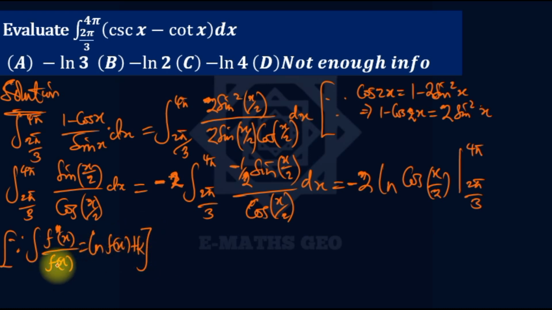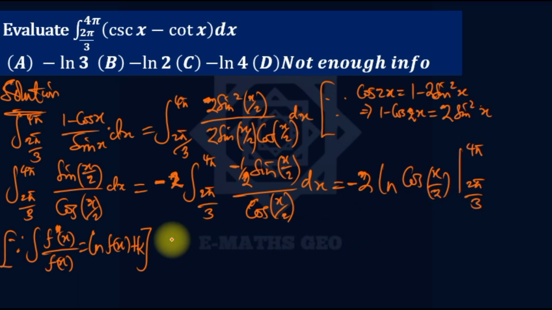If you differentiate the denominator and you get the numerator, the answer is ln of the denominator. That's why we introduce this minus half and counter it with minus 2, because minus 2 times minus half is 1, so that if we differentiate this, we'll get this.